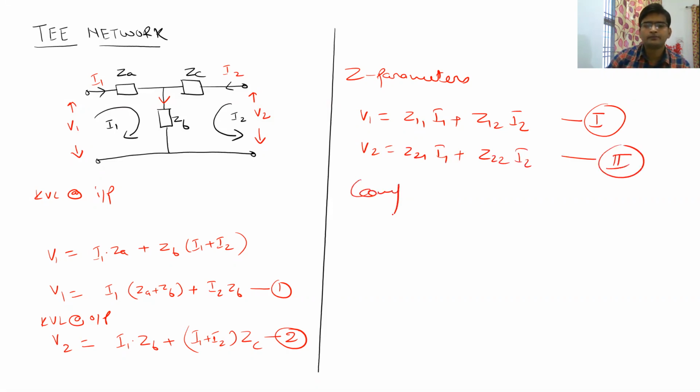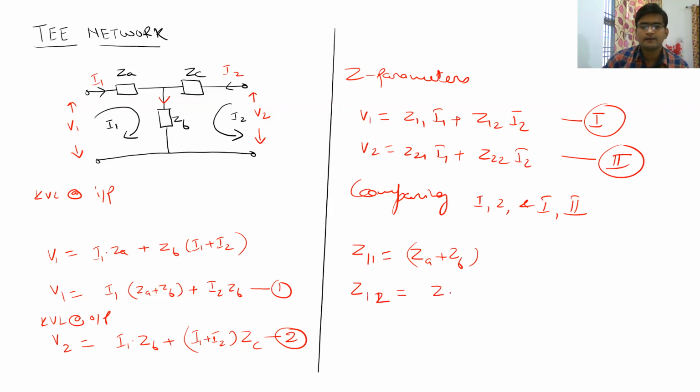So comparing equations 1, 2 and 1, 2, we will get Z11 is equal to ZA plus ZB, Z12 is equal to ZB, Z21 is equal to ZB, and Z22 is equal to, sorry, I think I have written it wrong here, a little bit wrong.